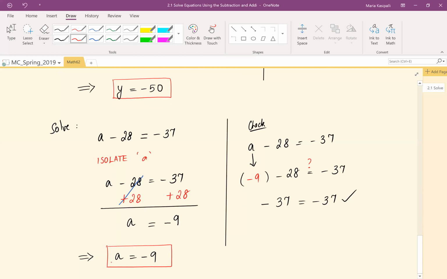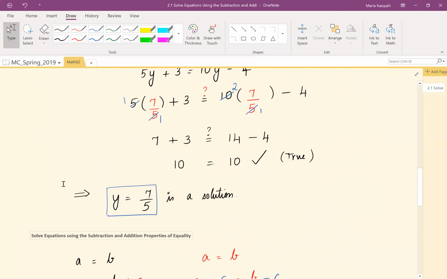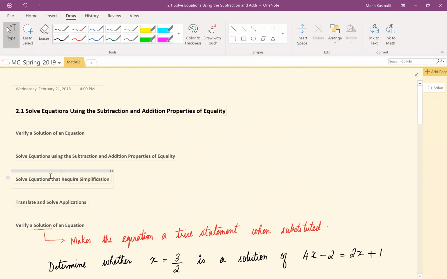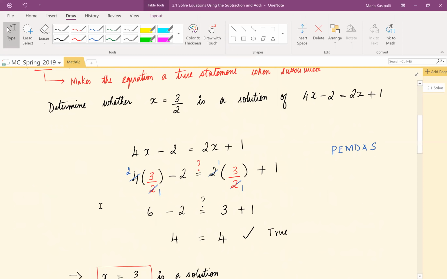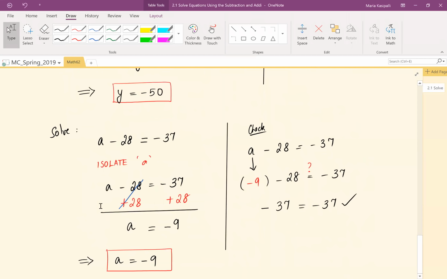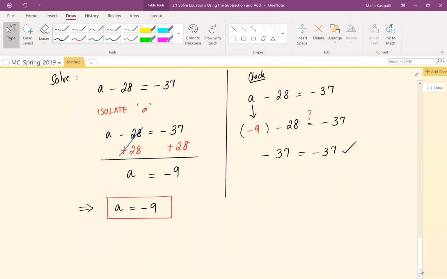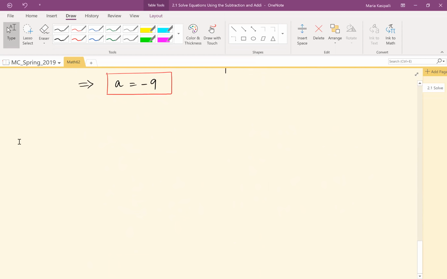So we looked at two objectives here. Let me take you way back here. So that's the second objective. Now let's look at the third objective: equations that require simplification.